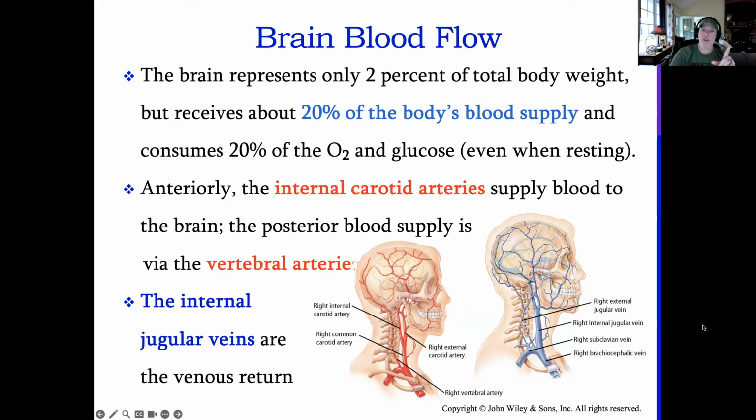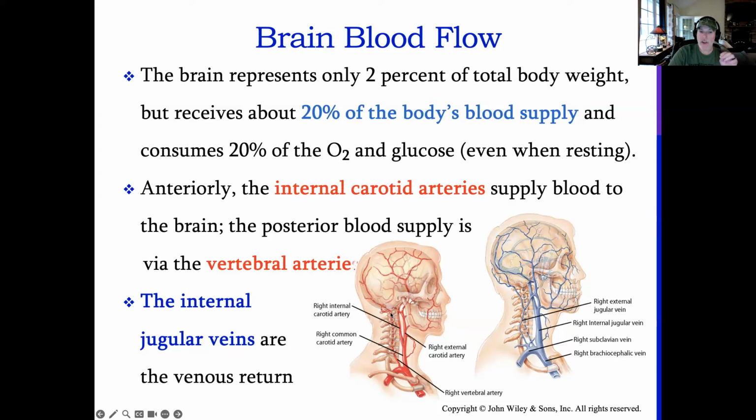The vertebral arteries are actually the purpose for our transverse foramen that we find in all of our cervical vertebrae. If you were in my lab class, we talked about the differences between cervical vertebra and thoracic and lumbar vertebra. And we said one of the major differences was these extra foramen in the transverse processes.